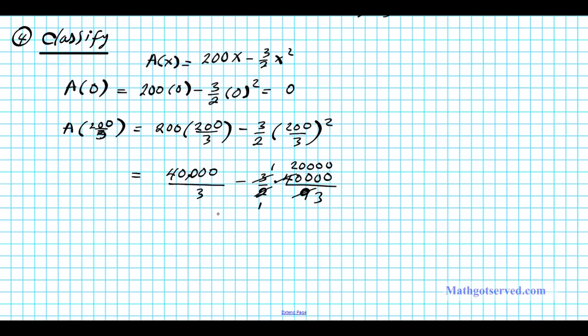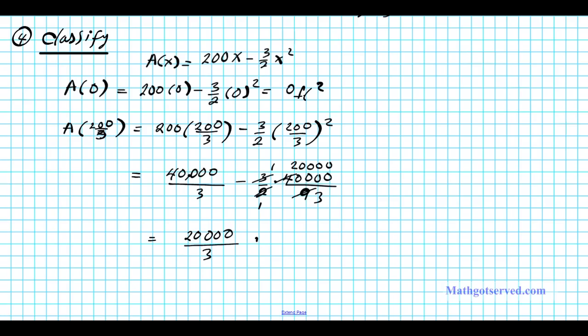If we work this out, we get 20,000 over 3. Remember, these are areas, so this is feet squared.